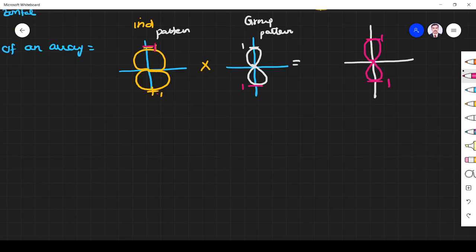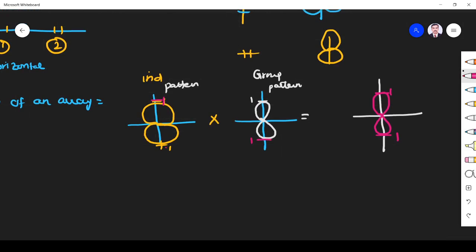It is like multiplying any number by a fraction: the result is lesser than the bigger number. So 2 into 0.51, 3 into 0.8 is 2.4, like that. The narrow beam you can compare to your fractional number. Anything multiplied by a narrow beam gives a narrow beam only. So this is our answer.